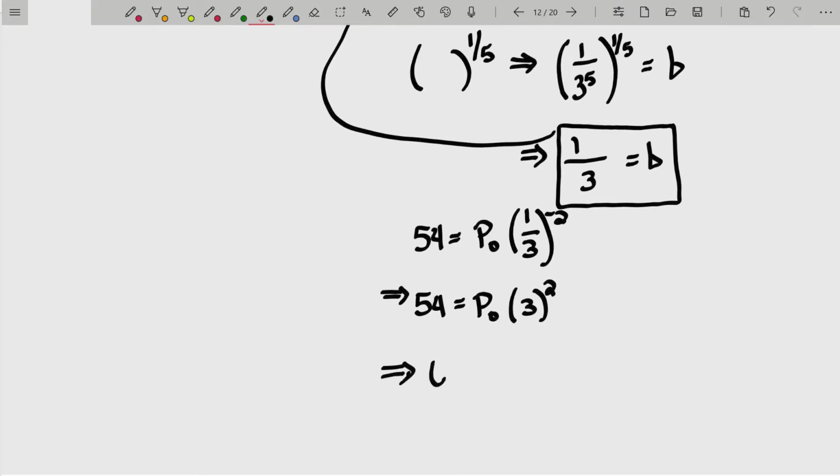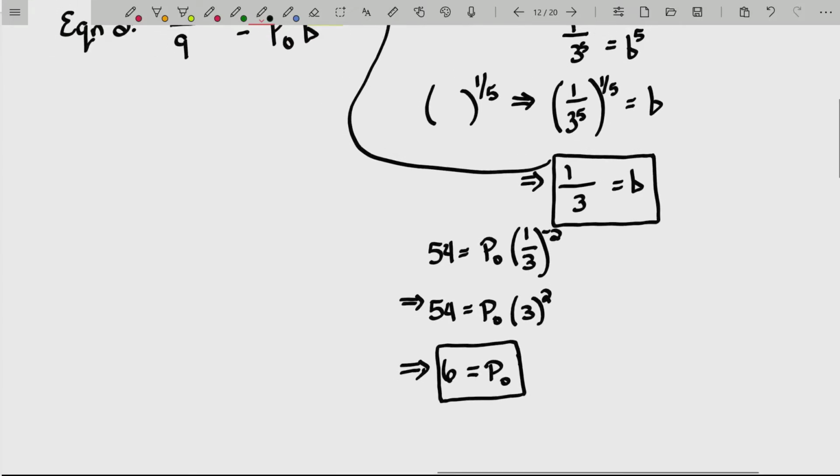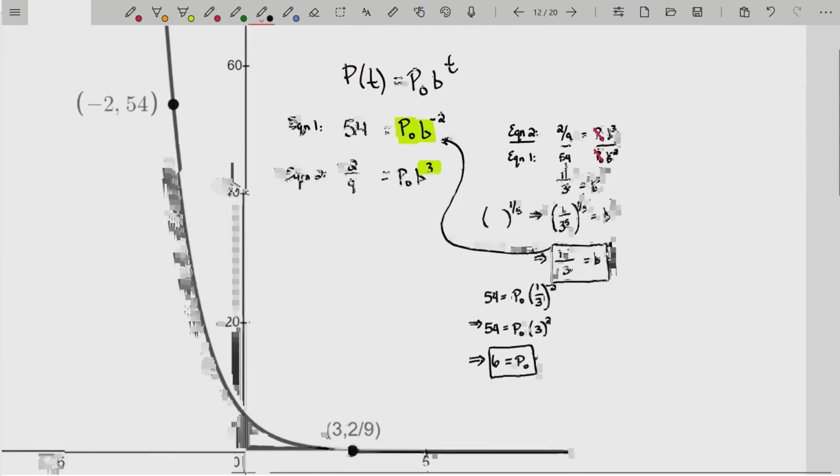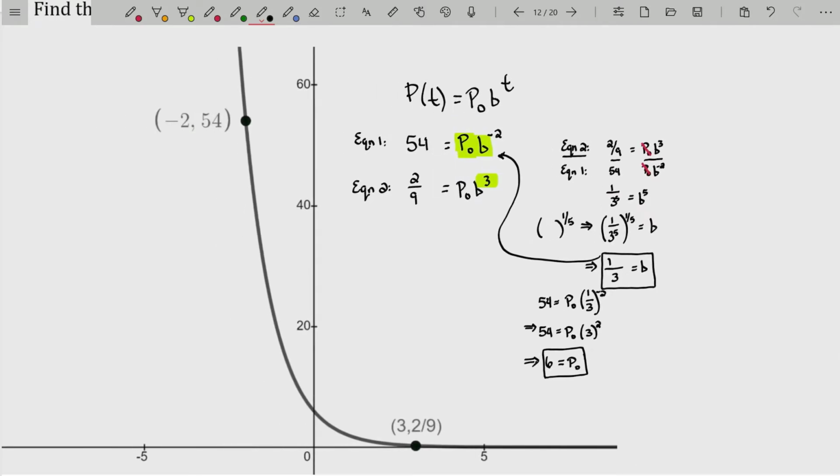I'll divide both sides by 9, and I get that P naught is 6. And so the actual equation that is represented by this curve is going to be P of t equals P naught, 6, times b, 1/3, to the t power.